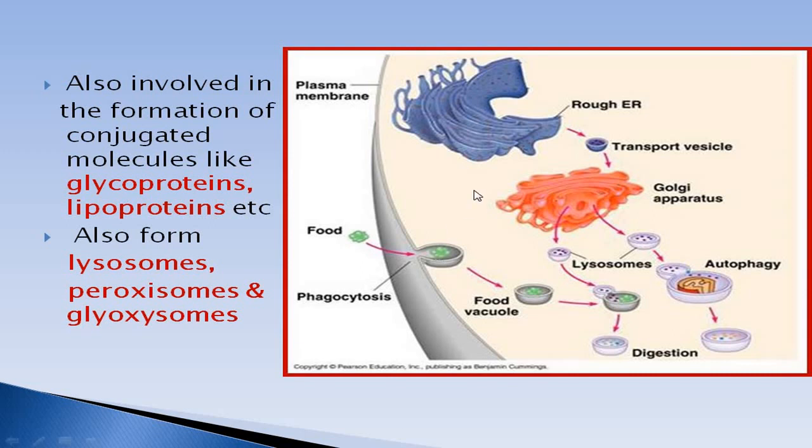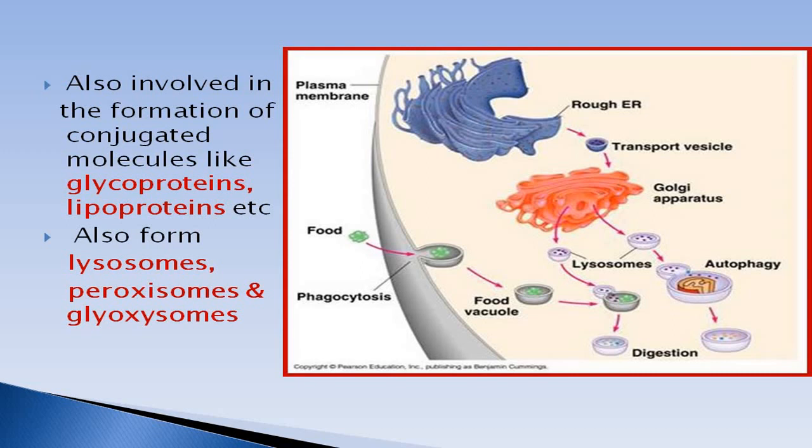And the modification which takes place in the Golgi apparatus is that protein molecules may combine with another molecule, that may be a lipid or a carbohydrate, to make up a complex molecule that is called a conjugated molecule. If protein combines with carbohydrate, it is called glycoprotein. If protein combines with lipid, it is called lipoprotein.